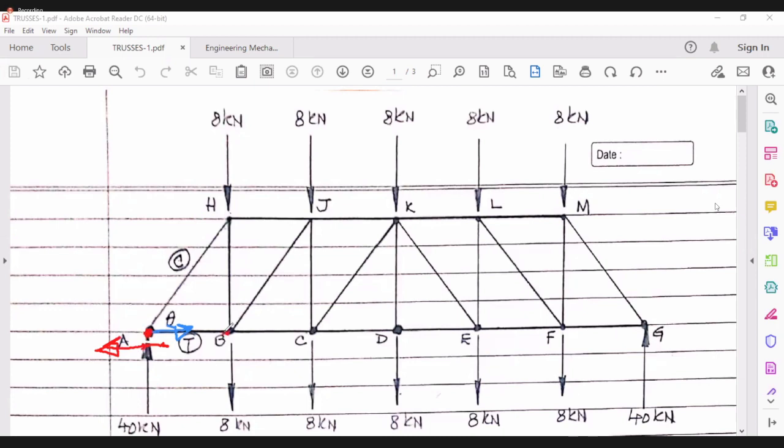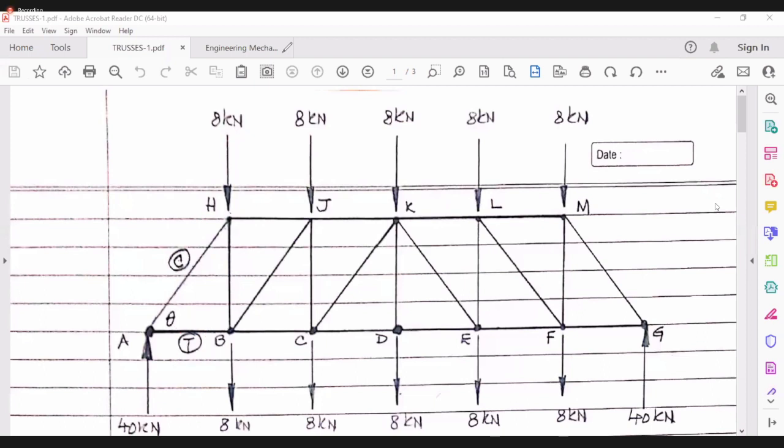So B also must be pulling it outward. So AB will be in tension. Am I right? Have you understood this? Yes, sir. Anybody else would like to have a dialogue with me? Most welcome. That is in tension, so I am writing a T over here.